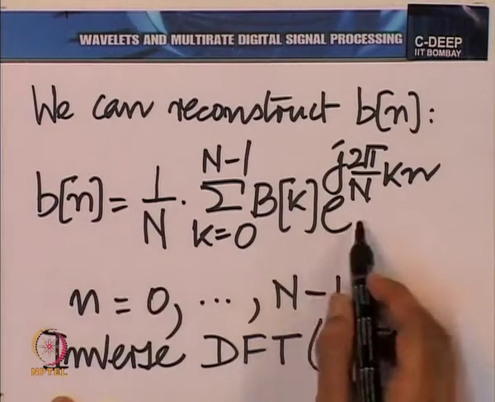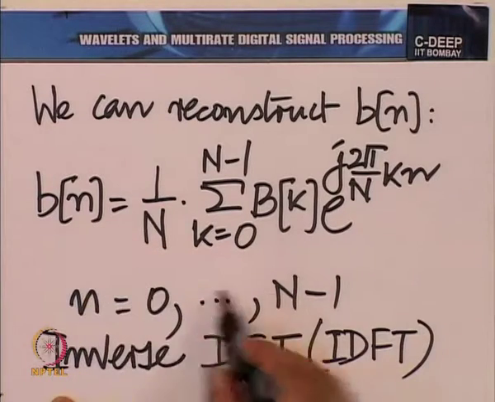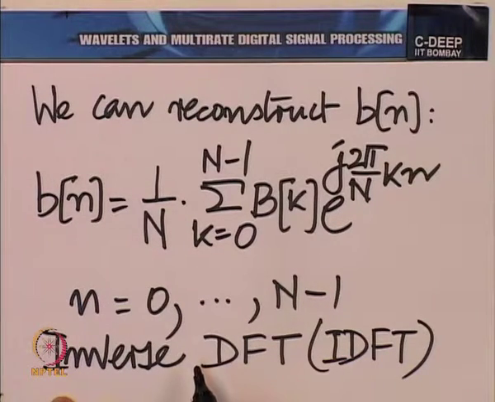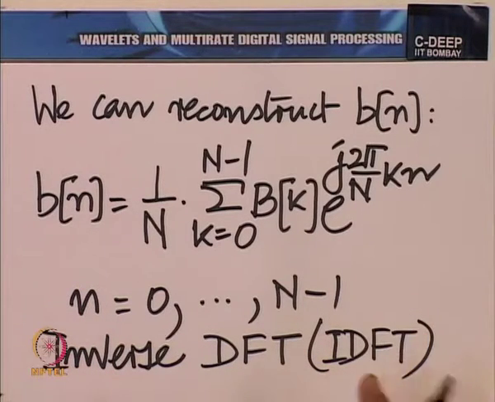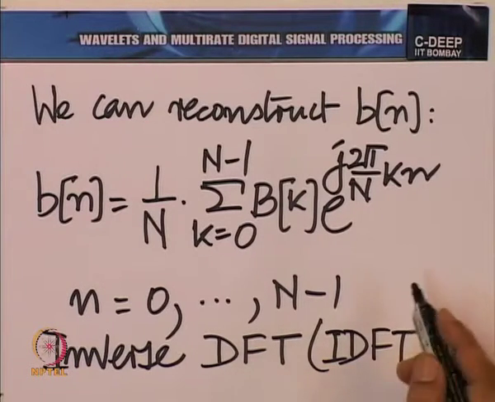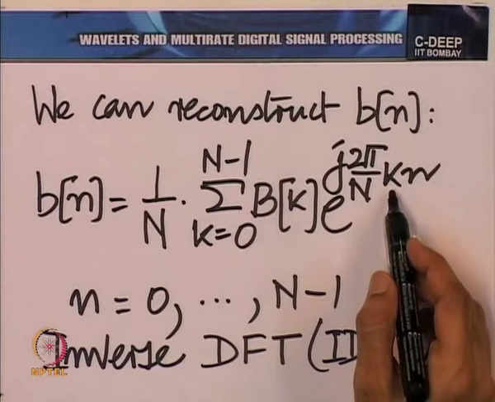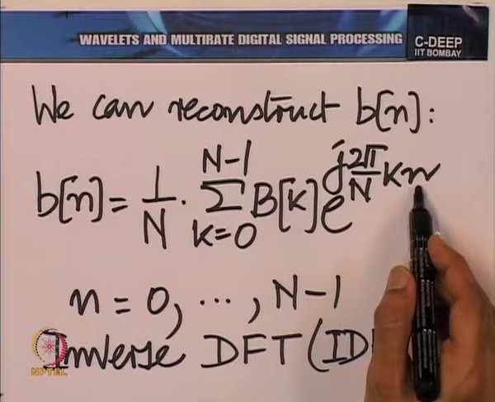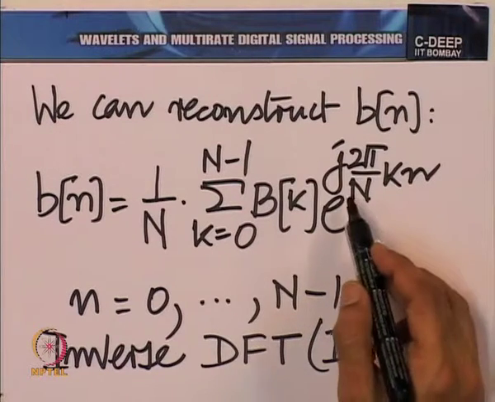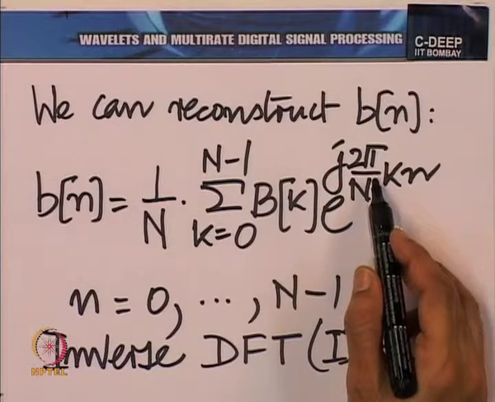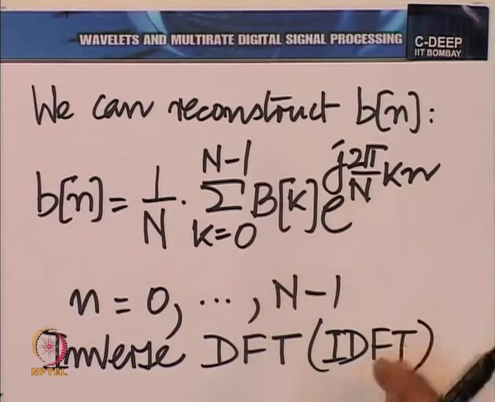But even if you apply the same expression for all integer n, you get a periodically repeated sequence. Whatever is between 0 and N minus 1 is periodically repeated in every interval of N, successively and before. That is easily seen if you substitute n by n plus any multiple of capital N here, noting that e raised to the power j 2 pi times an integer is 1.